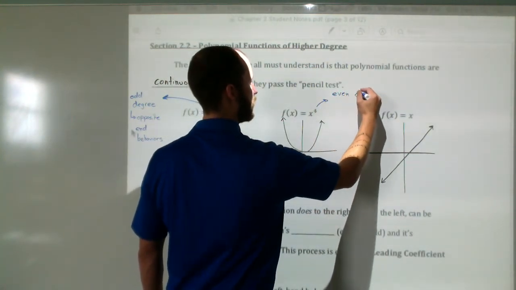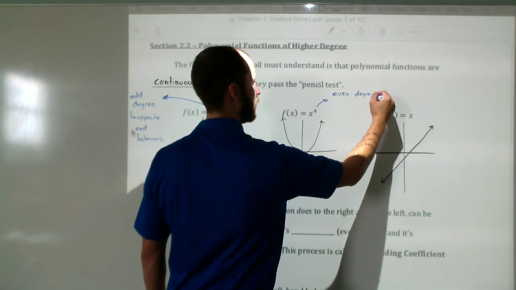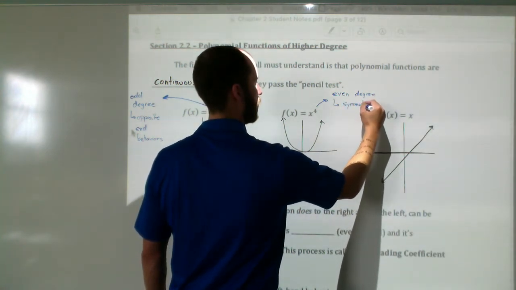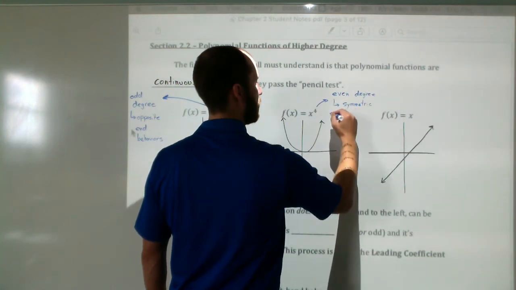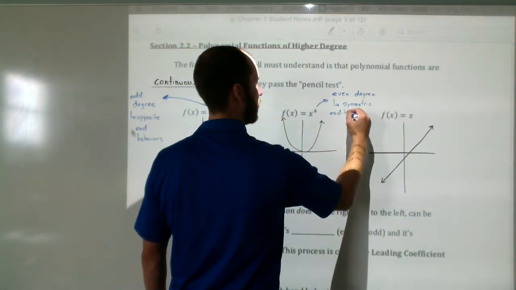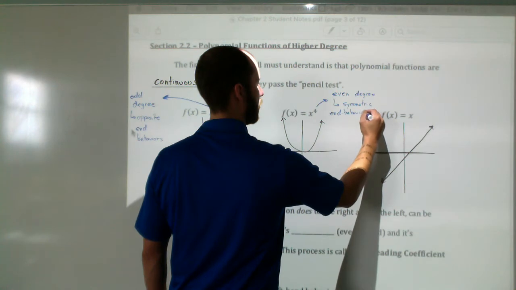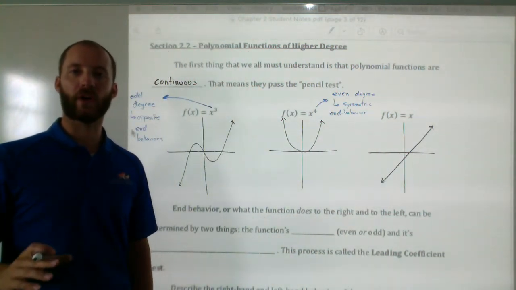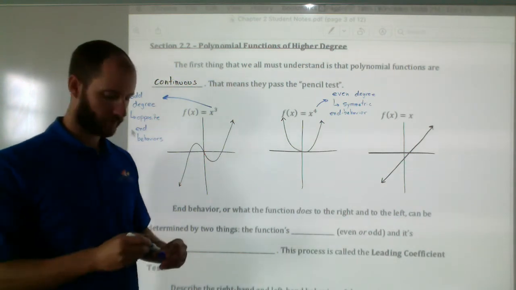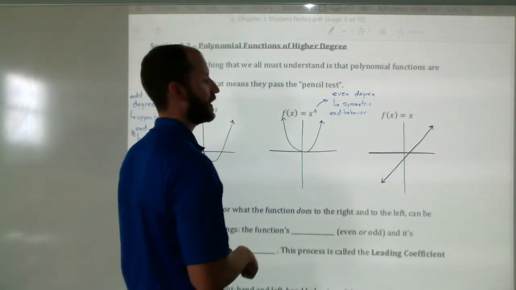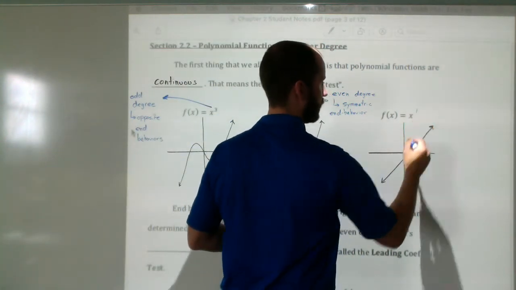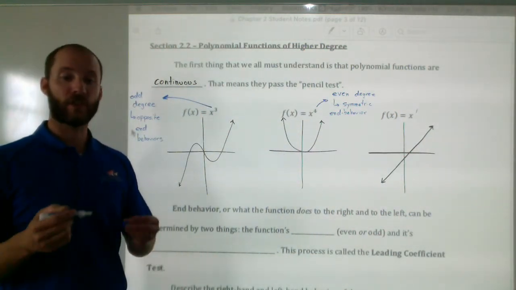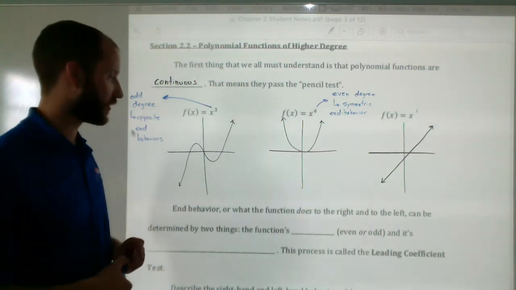Functions that are even degree have symmetric end behavior. Both sides go up or both sides go down. You can even see that with linear. Linear is technically x to the first. That is odd degree, so you have opposite end behaviors.